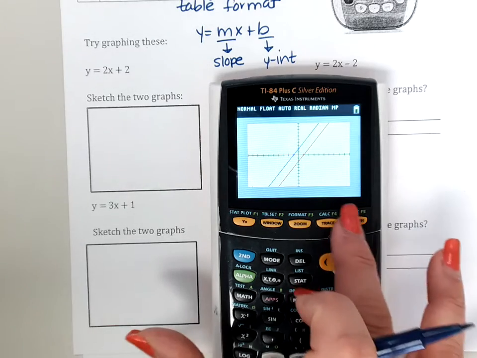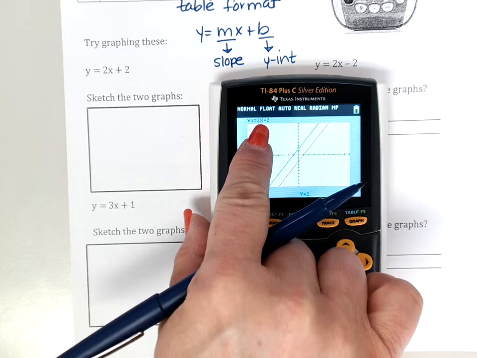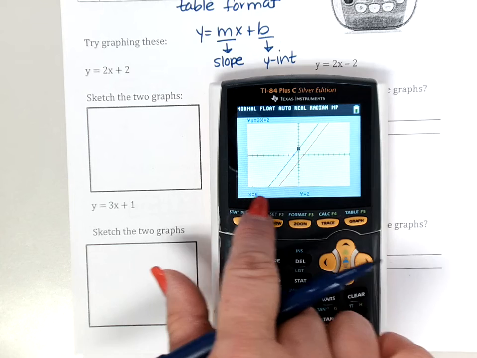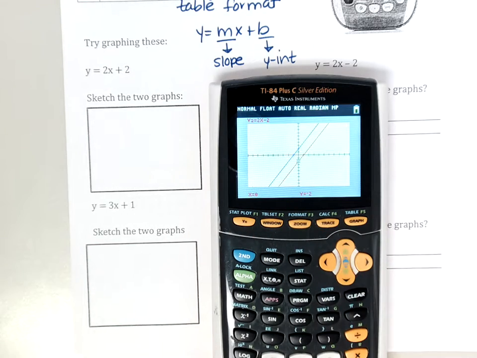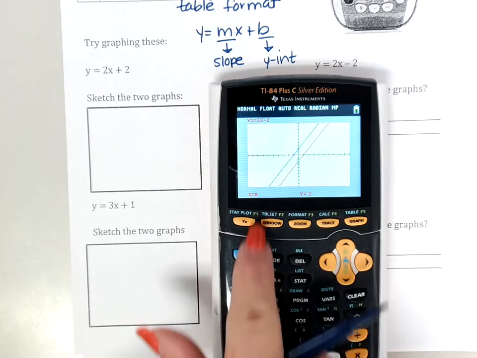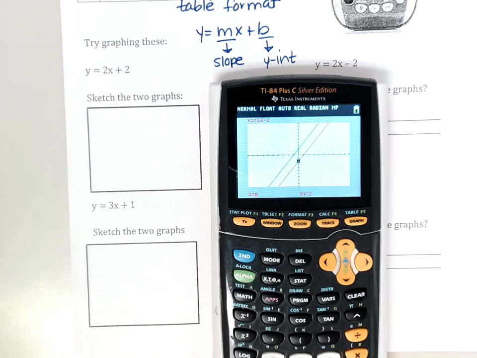If I hit the trace button, it will pop up on the first one and you can see which equation it was, and it always seems to pop up on the y-intercept. So x is 0 and y is 2. If you arrow down, it will then jump to the other line and show you the equation 2x minus 2, and this is where it crosses the y-axis at 0, negative 2.